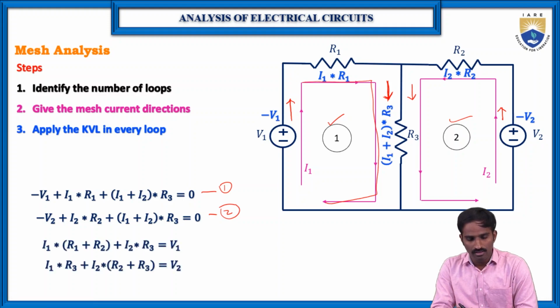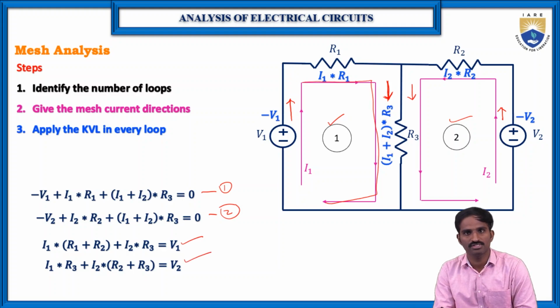Then if you simplify equations 1 and 2, you will get: V1 is equal to I1 into R1 plus R3, plus I2 into R3. And similarly, with respect to loop 2, I1 into R3 plus I2 into R2 plus R3 is equal to V2.